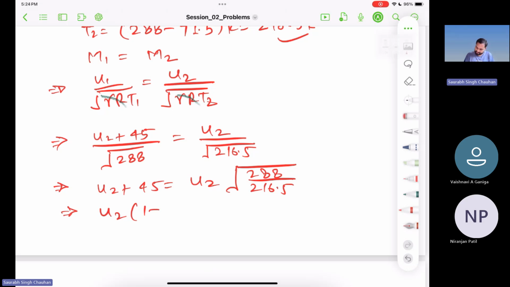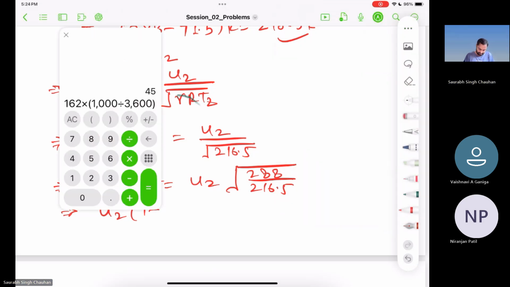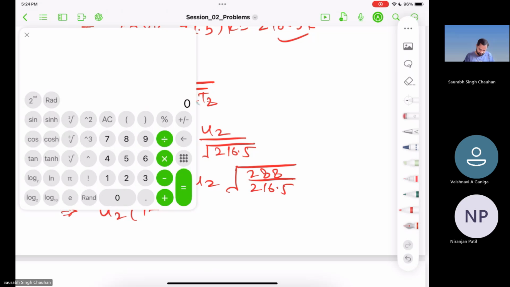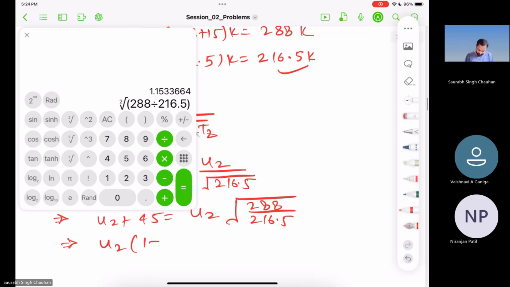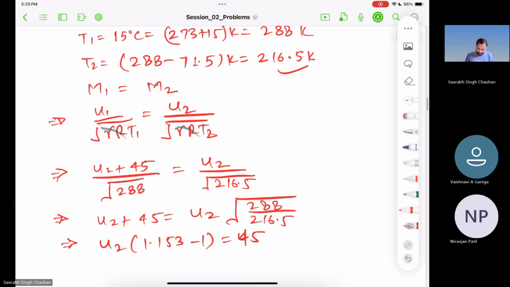Let us calculate this: under root 288 divided by 216.5 is 1.153. So 1.153 minus 1 is 0.153.